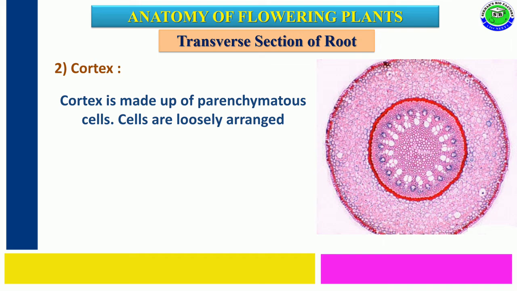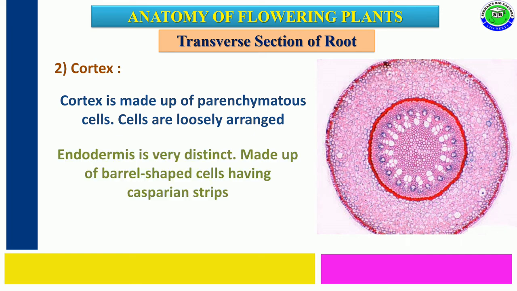So cortex is present in between epidermis and stele. In this cortex, many parenchyma cells are present compactly with intercellular spaces. The last layer in cortex is endodermis, present around the stele, made up of barrel-shaped cells having Casparian strips and very distinct in feature.